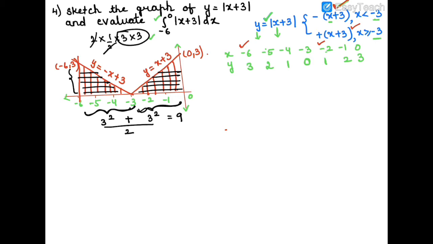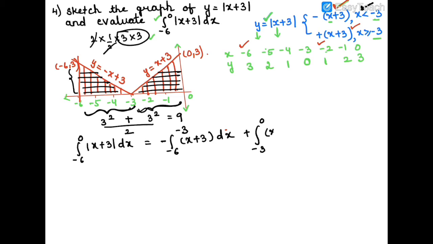Alright, but we have to integrate this. So I am taking -6 to 0, and mod of x plus 3 dx can be written as -6 to -3 and -3 to 0. You can see here -6 to -3 is less than -3. तो यहाँ पे ये mod खुलेगा -x plus 3 dx, and the other one is x plus 3 dx.